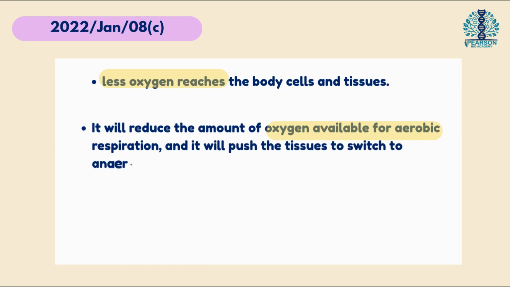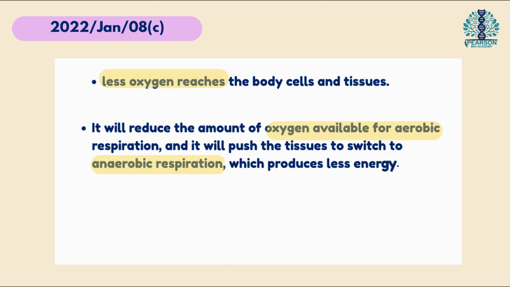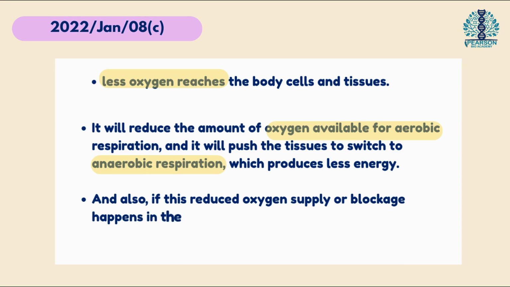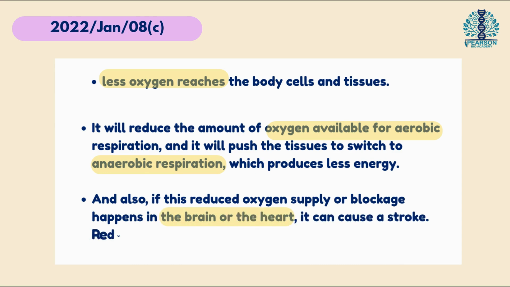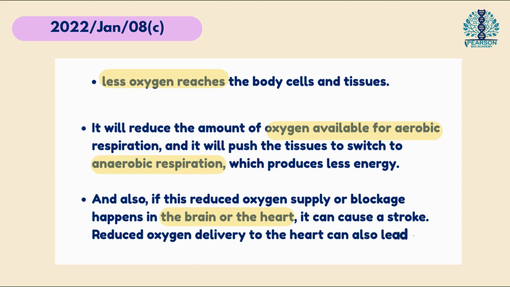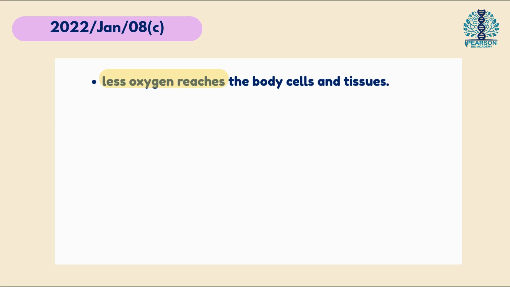And also, if this reduced oxygen supply or blockage happens in the brain or the heart, it can cause a stroke. So it can lead a person to death. Or reduced oxygen delivery to the heart can also lead to heart damage, which also ends in death. So be careful whenever the question is about death, please try to link the heart or brain. You have to use at least one example.